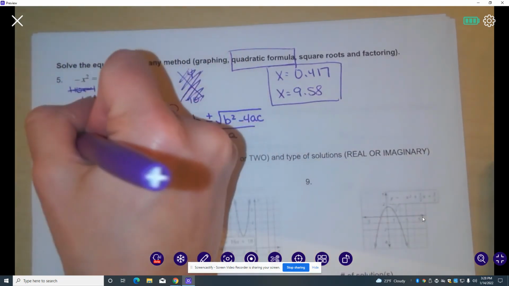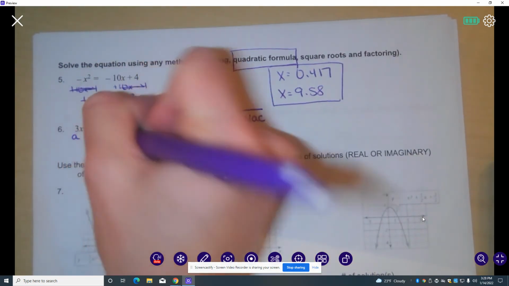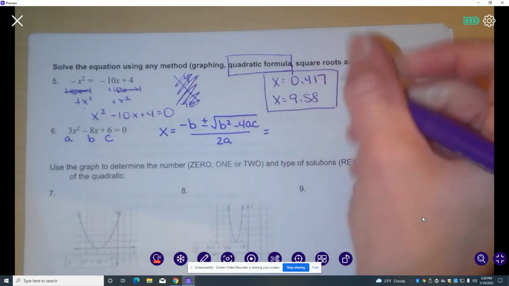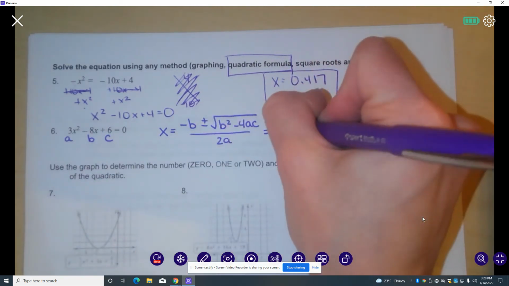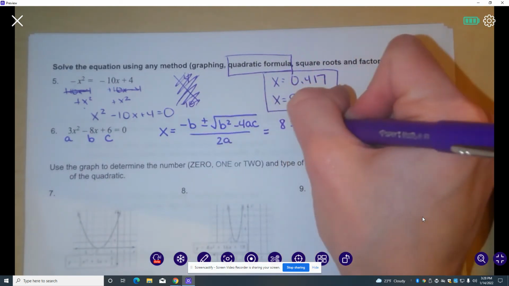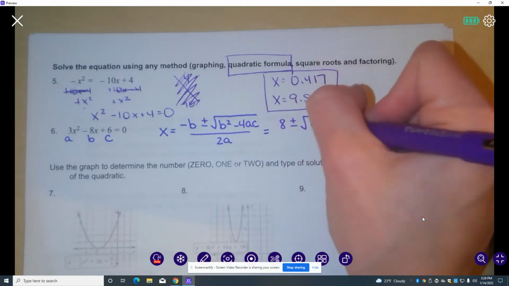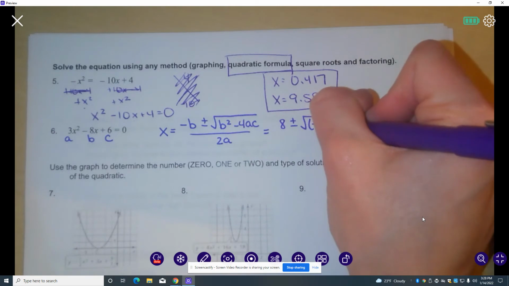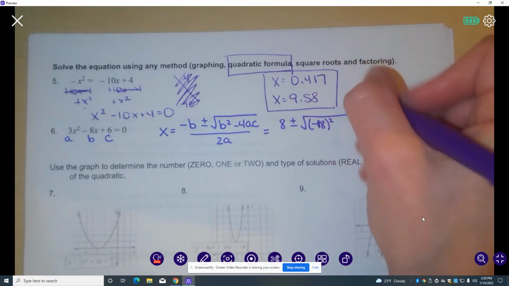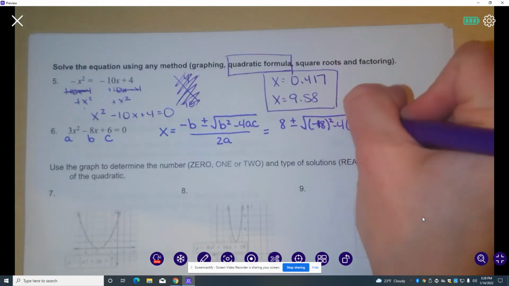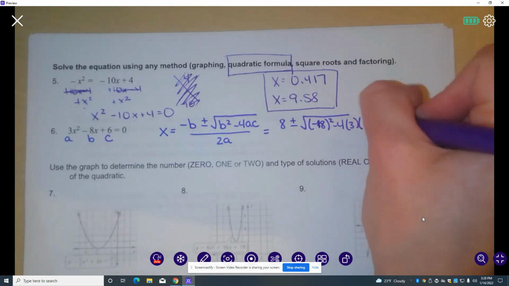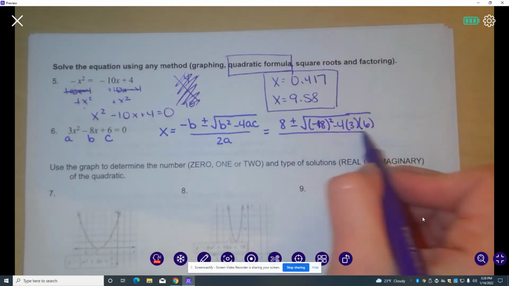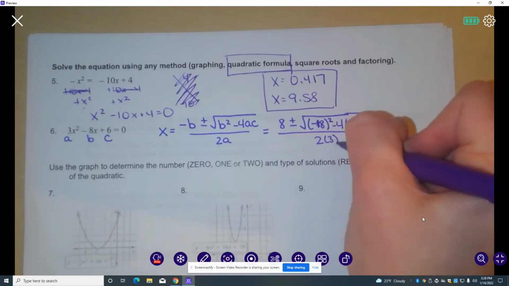So we will need to identify a, b, and c here, and I'll plug those in. The opposite of b is positive 8 plus or minus the square root of b, not negative 18, sorry, negative 8 squared minus 4 times 3 times 6, all over 2 times 3.